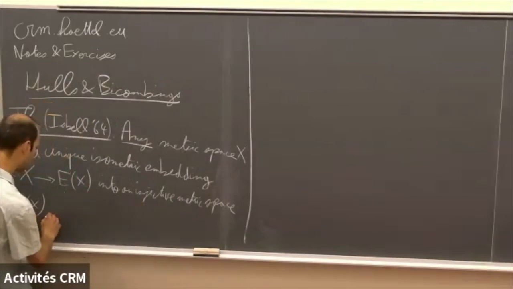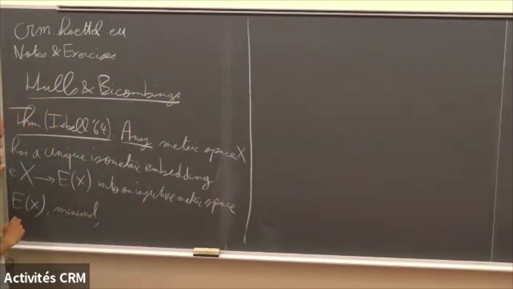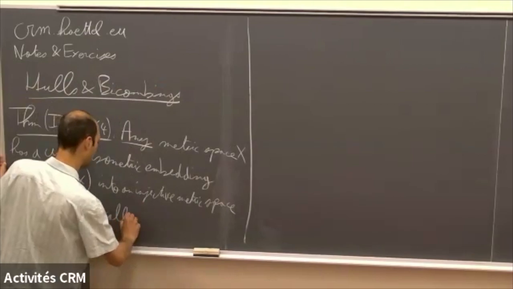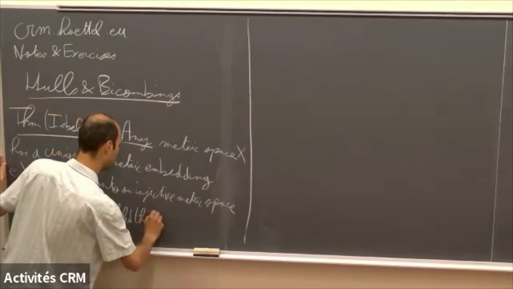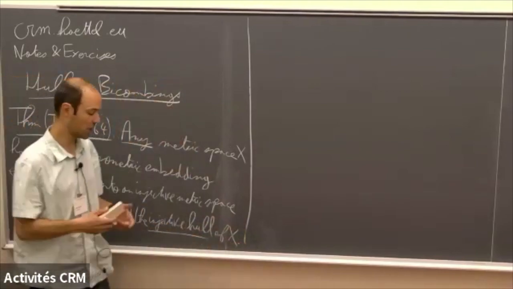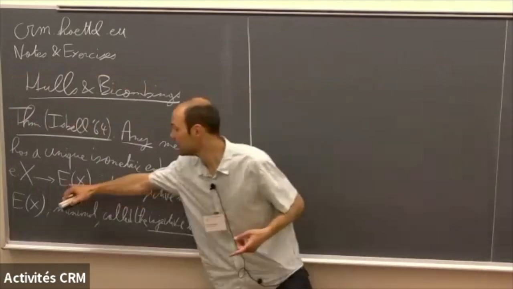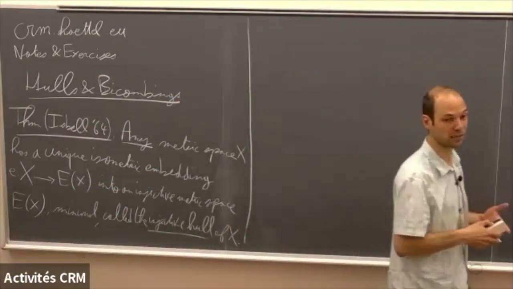It is minimal, and I will make that precise. It is called the injective hull. It has other names: injective envelope, which is why the E is for envelope, or tight span.